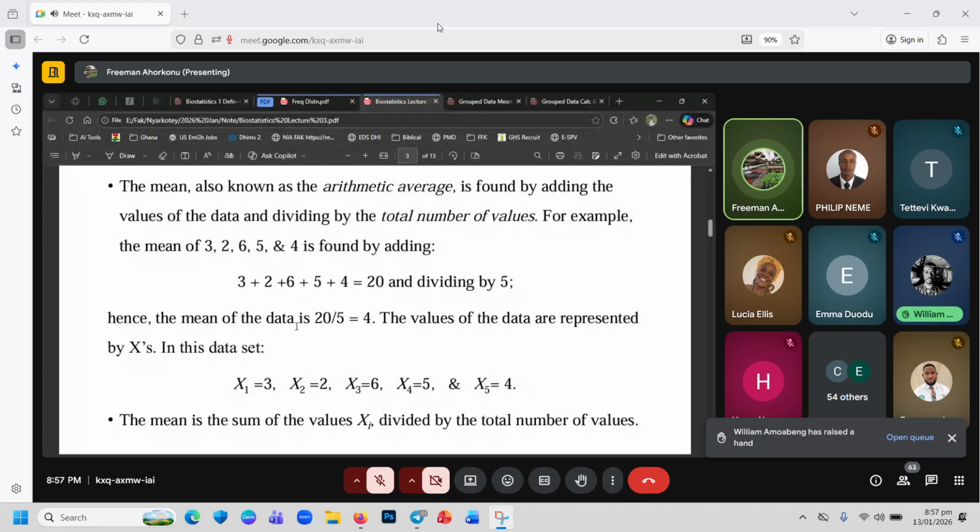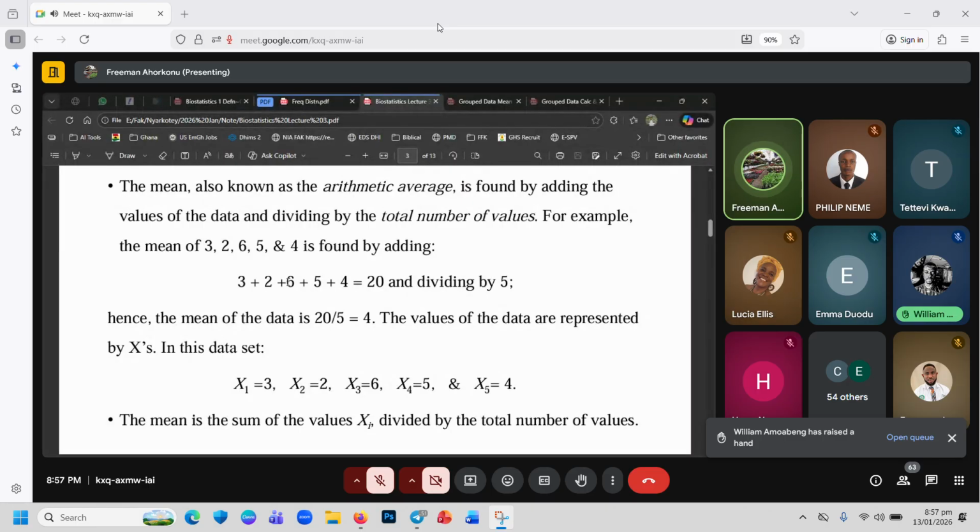When you see these numbers, they are not arranged. To arrange them, 2 will come first, followed by 3, followed by 4, followed by 5, and by 6. Then we have arranged it in order of magnitude, or in ascending or descending order. Then we look at it.